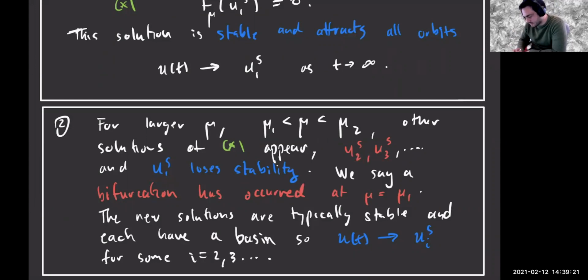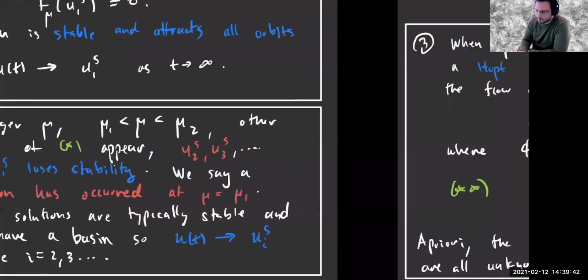So when it loses its stability and these new ones emerge, we say a bifurcation has occurred at this parameter mu1. And like I said, typically these new solutions that emerge are stable, and they each have some basin, perhaps small basin, but some basin such that they attract locally solutions that start nearby them.